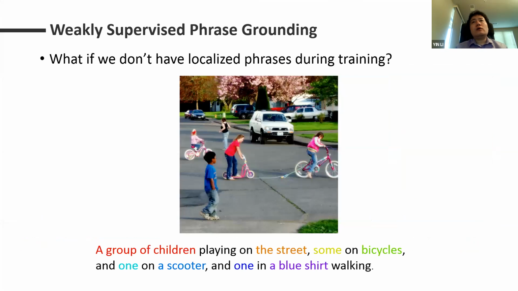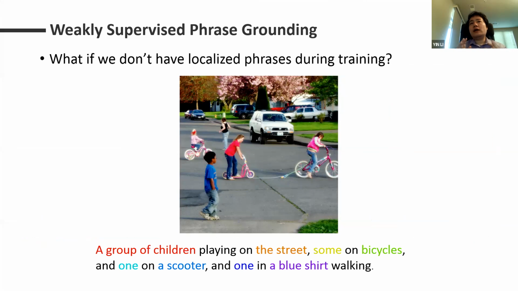Now, the question is, what if we don't have these localized phrases during training? I think that's a more interesting question because we know that labeling these localized phrases is quite expensive, while just getting the image captions can be quite easy.